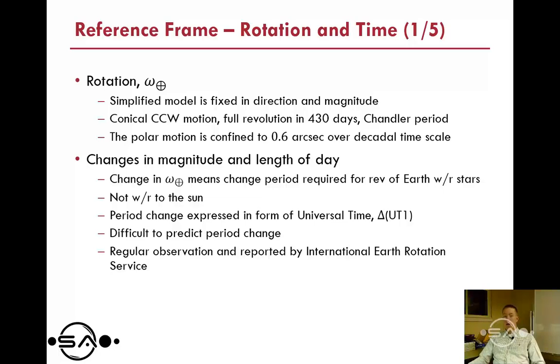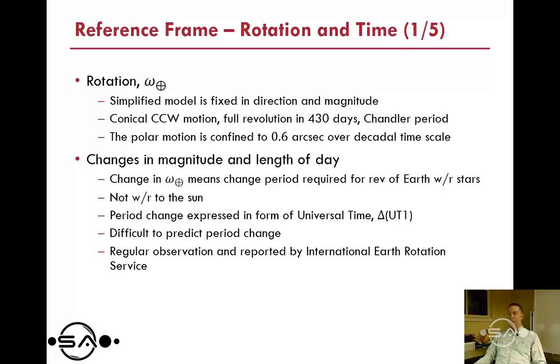When we're talking about the angular velocity change of the Earth, or the spin, the rotation of the Earth, we're talking about a change over a period required for the revolution of the Earth with respect to the stars, not with respect to the Sun. So in other words, the celestial sphere is what we're looking at. And that period change is actually expressed in a form of universal time, or delta UT1, so some variation in the universal time.